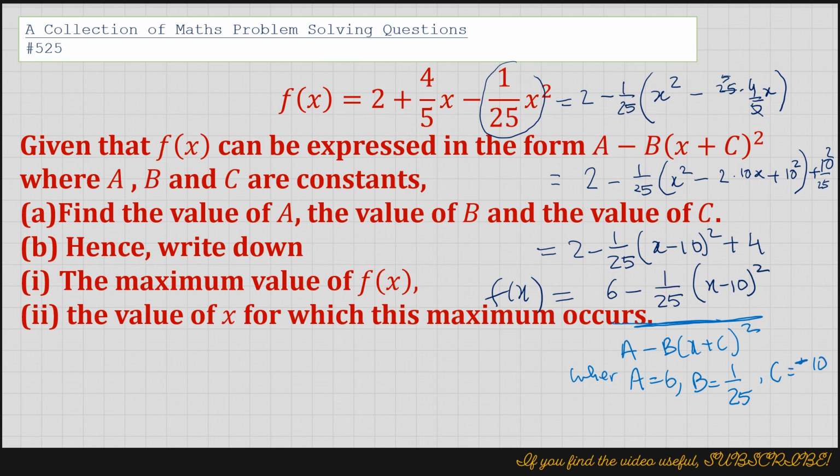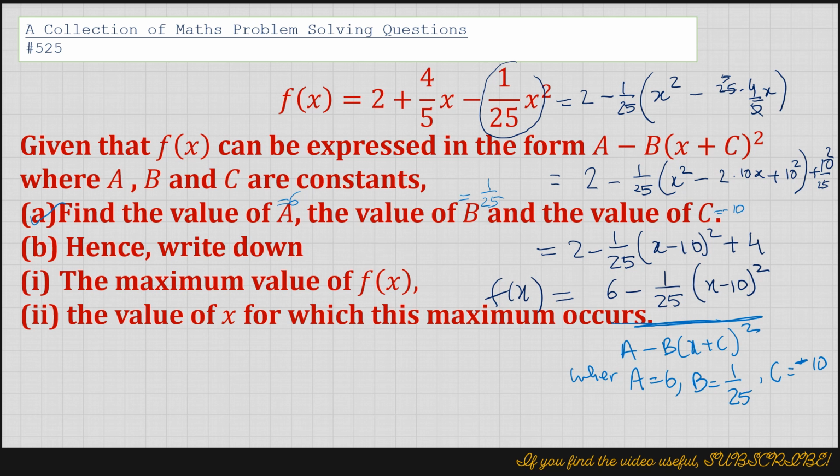So we got the value of a, b, and c, and the first thing is done. So a is 6, b equals 1/25 and c equals minus 10. Now, the maximum value of f(x).